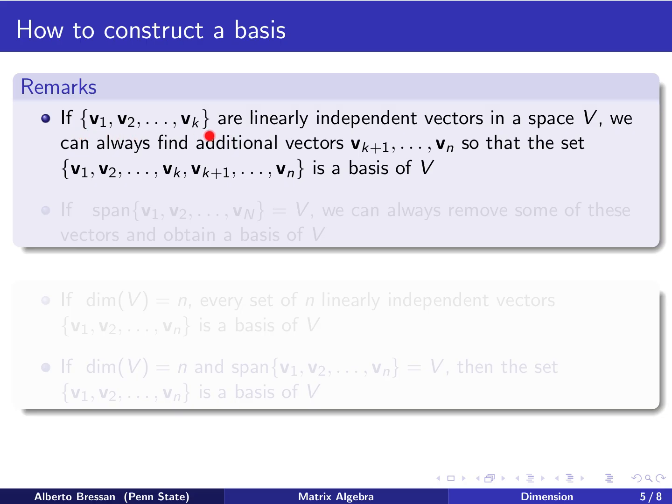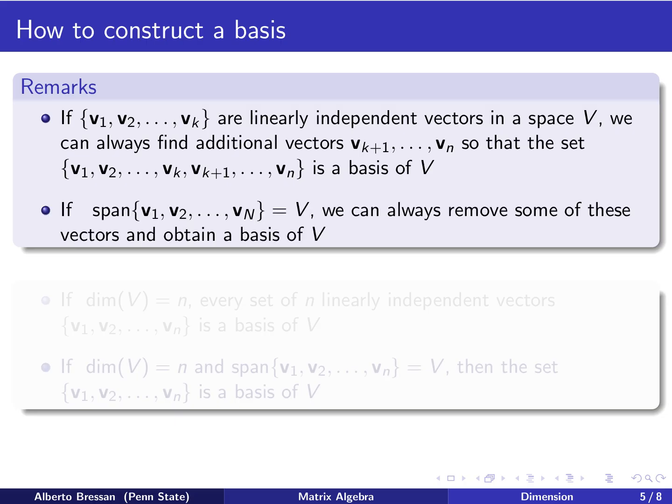If I have V1, V2 to Vk, k independent vectors in the space V, so all of these are in the space V and this set of vectors is linearly independent, then we can always find additional vectors Vk plus 1 to Vn, where n is more than k, so that this set of n vectors will form a basis of V.